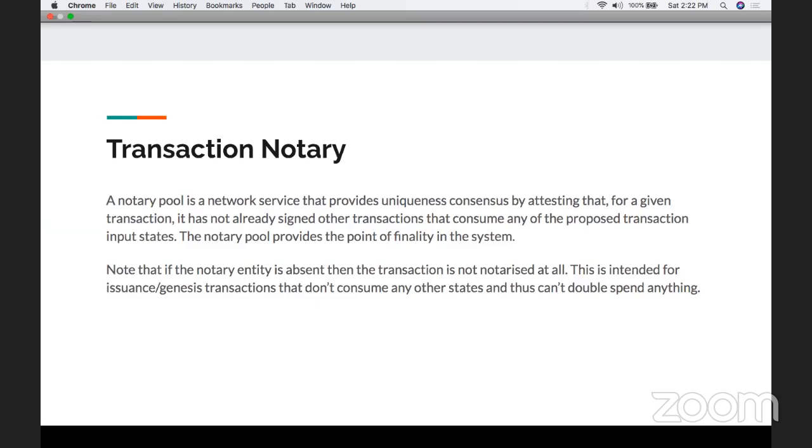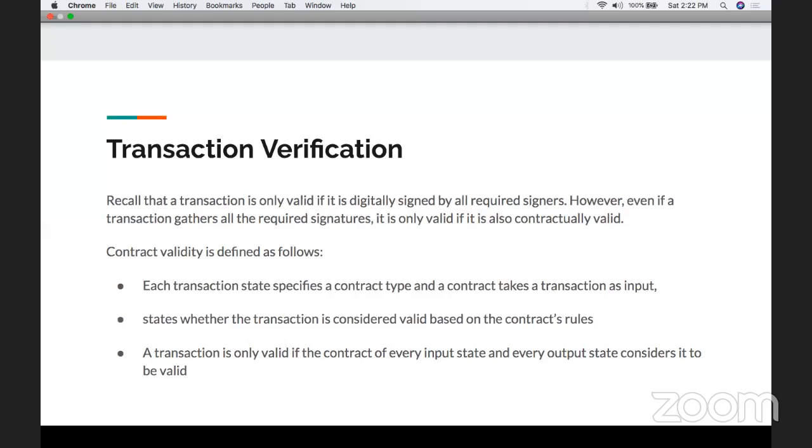And then let us also talk about transaction verification. How do you verify the transaction? We should know that a transaction can be verified only if it is digitally signed by all required signers, right?